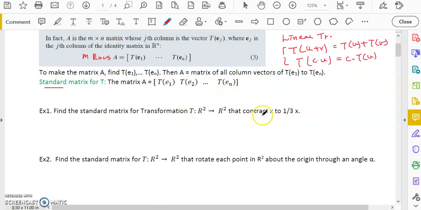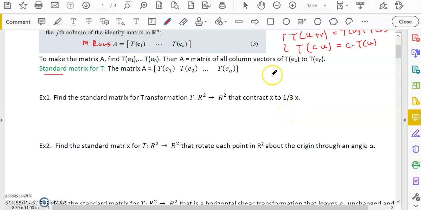For example, I have a transformation that contracts R2 to R2: it contracts x1, x2 into 1/3 of x1, x2. So the transformation is defined as: I have x1, x2, and the result becomes 1/3 of x1 and 1/3 of x2.